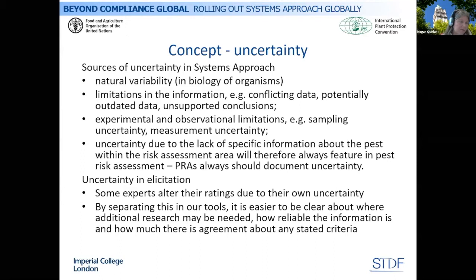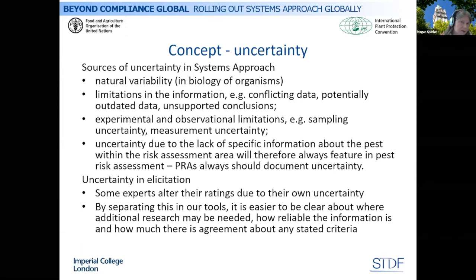There's uncertainty in methodology, for example, with sampling or inspection. There's uncertainty because you may be using information that's from a different place. You want to do some trade and someone else has done it, but you have to write up your own conditions and situation of your own country.